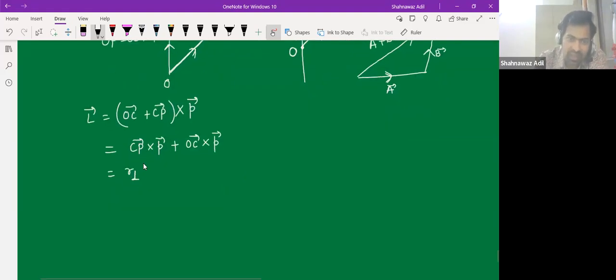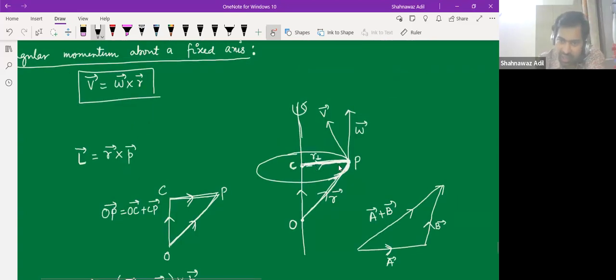Its direction is I hat, right? Velocity is in the direction of J hat.